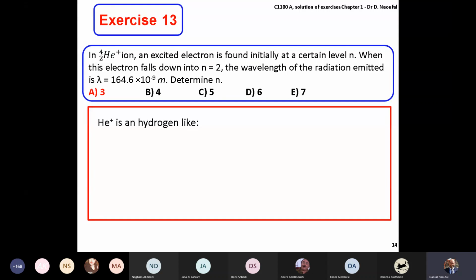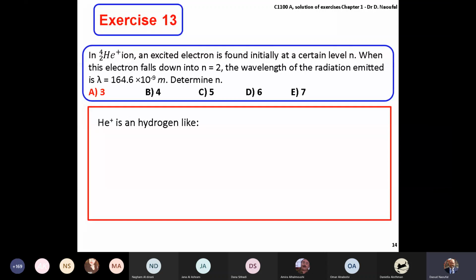So delta E equal En minus E2 equal hc over lambda. h is given, c is given, lambda is given, 164.6 × 10^-9 meter. E2 I can calculate. For hydrogen-like, En equal minus 13.6 Z squared divided by n squared in electron volt, or minus 2.18 × 10^-18 times Z squared divided by n squared in joule.